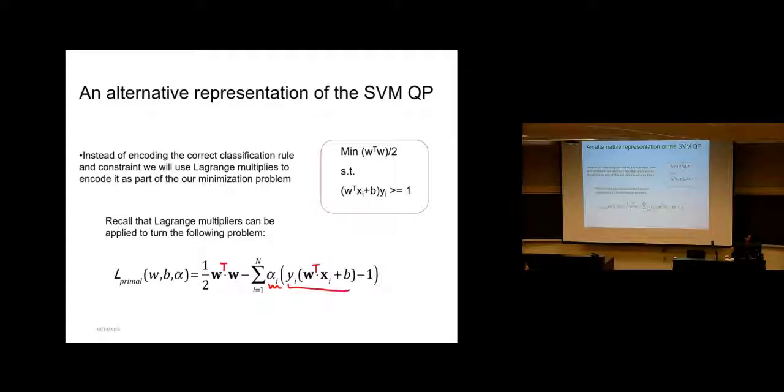I want this together to be larger or equivalent to 1, so this together minus 1 should be positive. And all the alpha i, which are what you pick, called Lagrangian multipliers, should all be larger than or equal to 0.